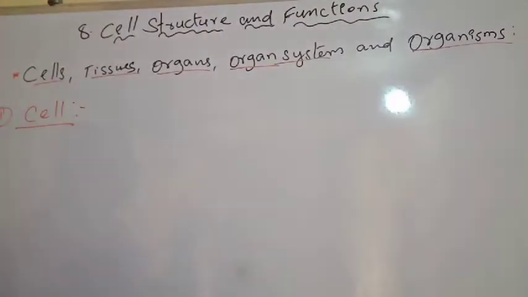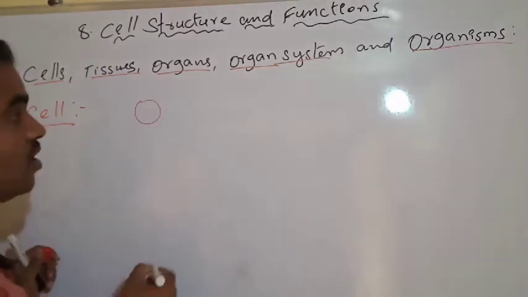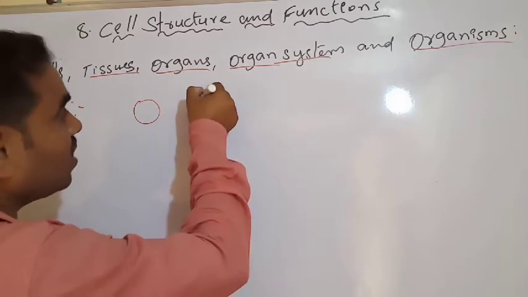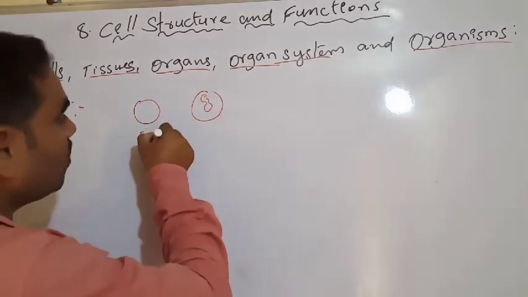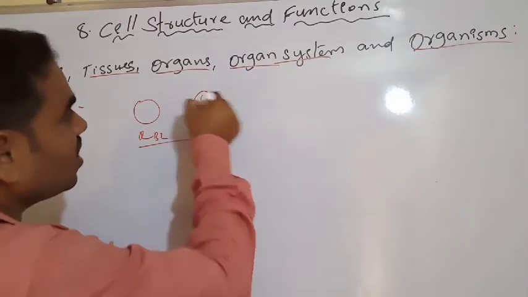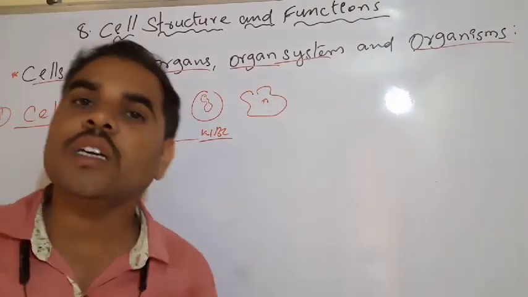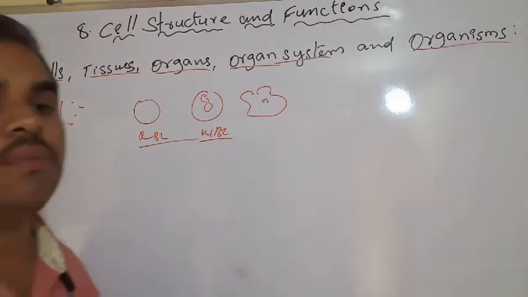You already learned about blood cells: red blood cells have a biconcave shape and no nucleus, like RBC and WBC. White blood cells are amoeboid. Their shape, structure and function are different.